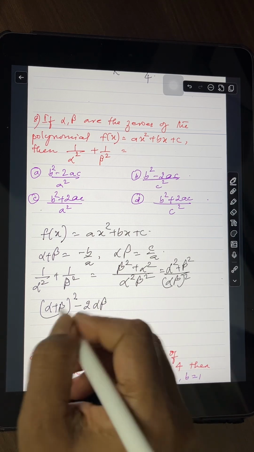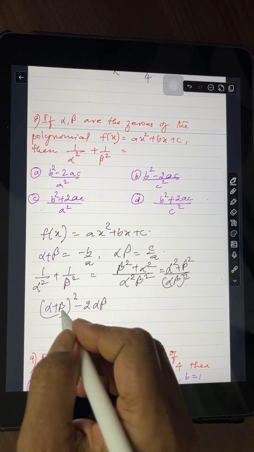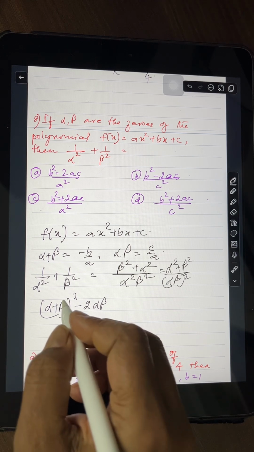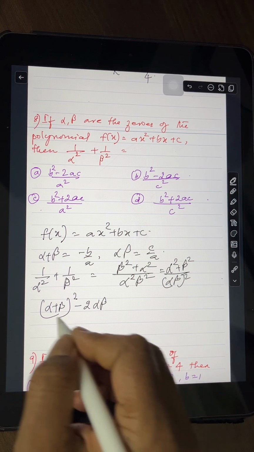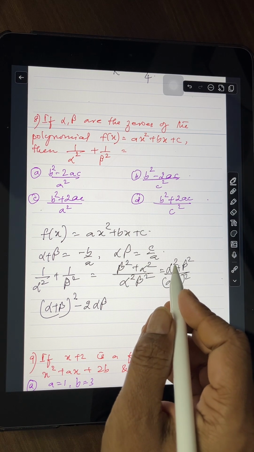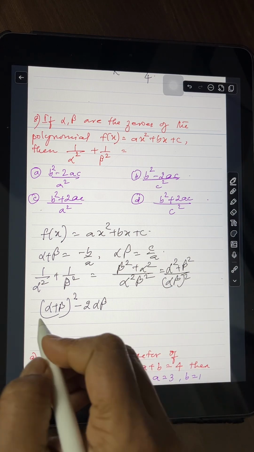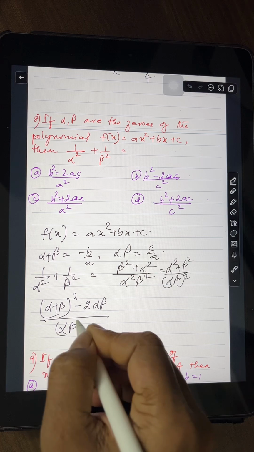Now if I solve this, you will get alpha square plus beta square plus 2 alpha beta. So plus 2 alpha beta and minus 2 alpha beta will get cancelled, and you will get alpha square plus beta square. So I can write alpha square plus beta square as this by alpha beta whole square.